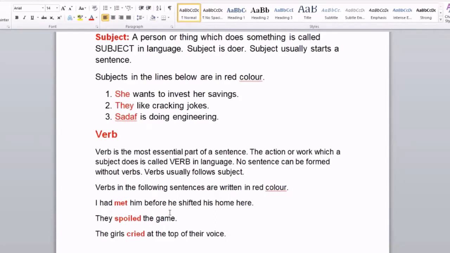I had met him before he shifted his home here. Now met is our verb. So met is action. They spoiled the game. Spoiled is the action. This is why we will call it verb. The girls cried at the top of their voice. So cried is a verb. Why? Because it's an action.